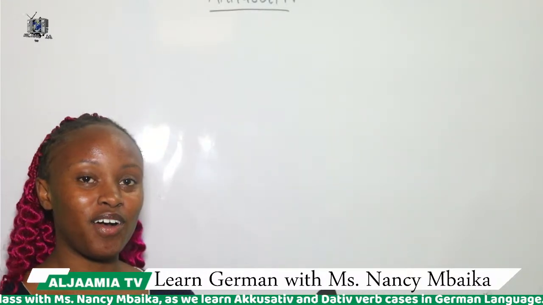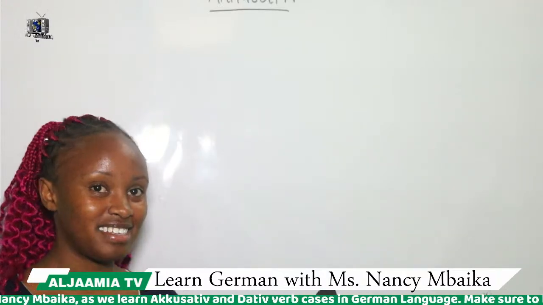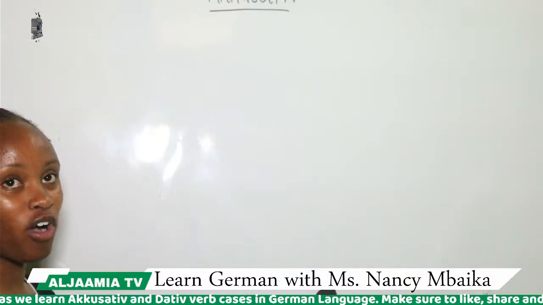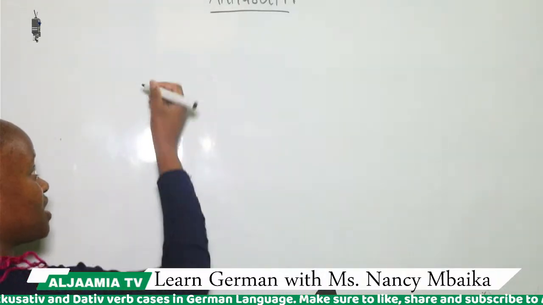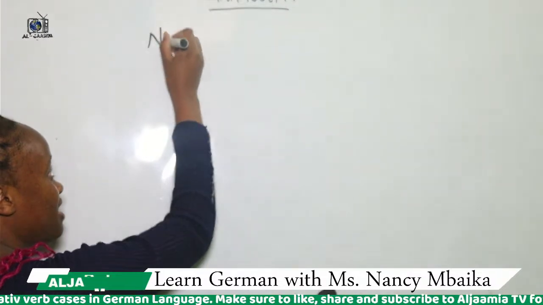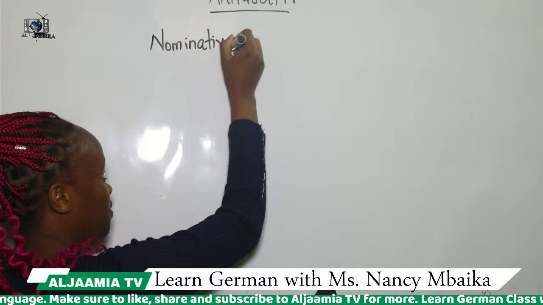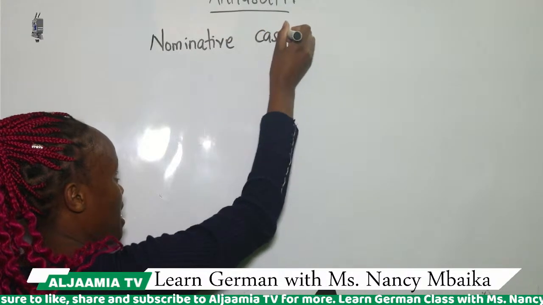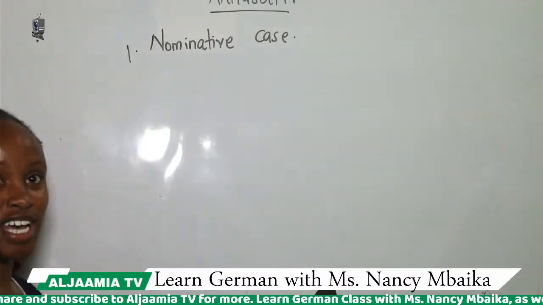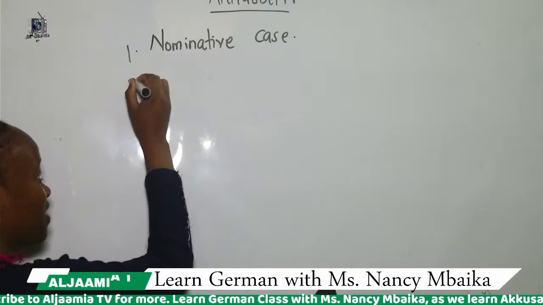So today we are going to tackle a topic about German cases. In German we have 4 cases, and the first case that we have is the nominative case. The case that we are going to tackle today is the accusative case.